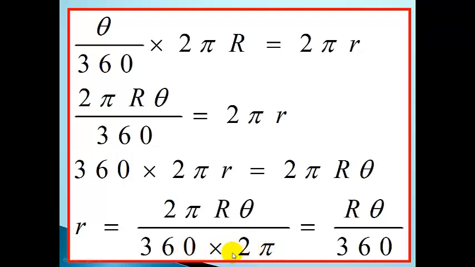Take note that 2 pi will cancel 2 pi, and so we are left with r theta at the top divided by 360 at the bottom. So r, which is the base radius of the cone, is calculated using the relation r theta divided by 360. And that is the proof of where the formula r theta divided by 360 is coming from.